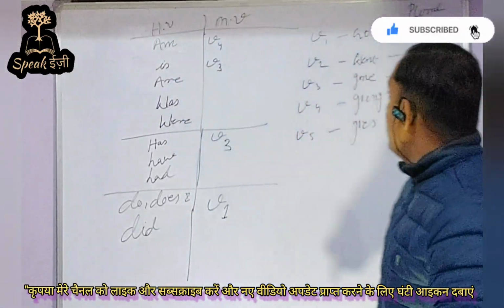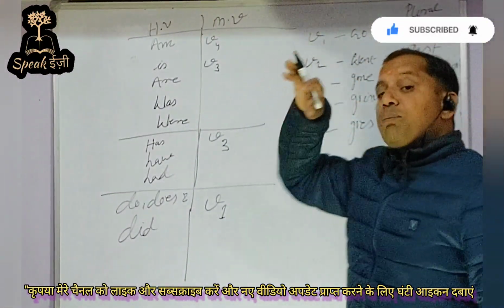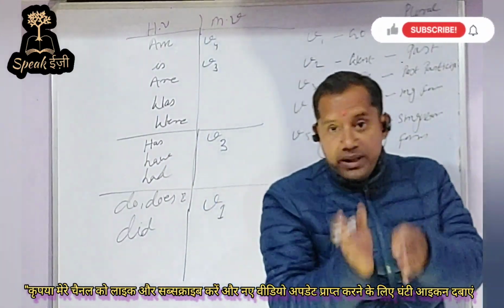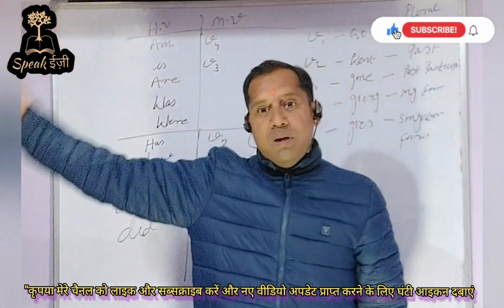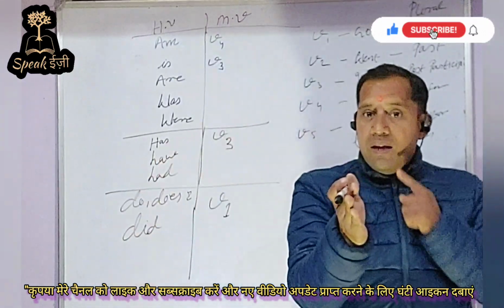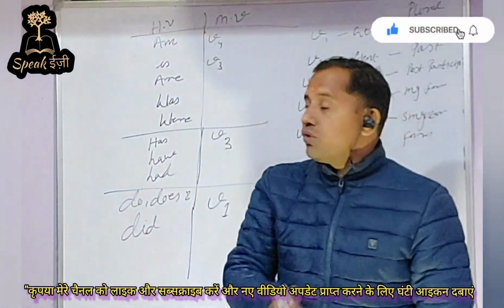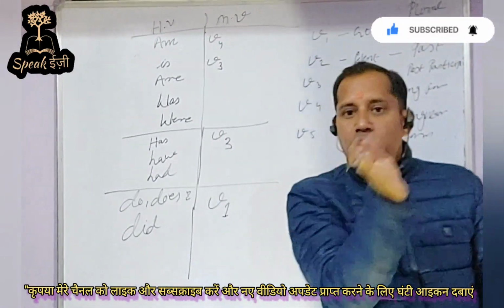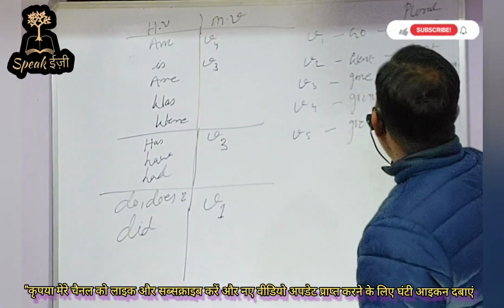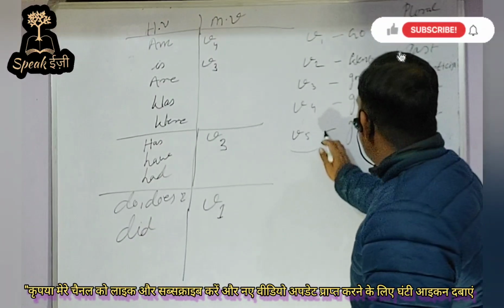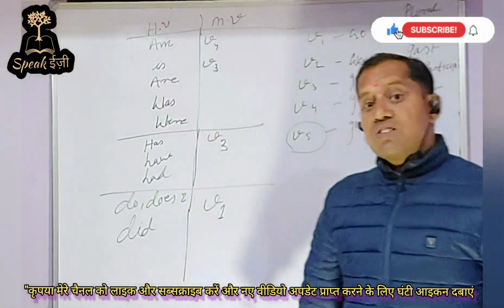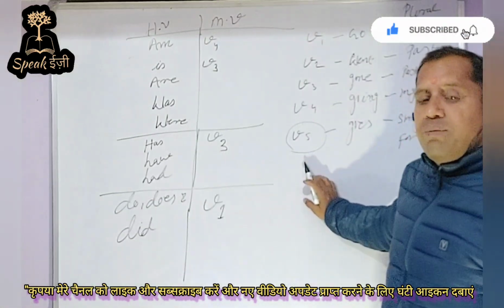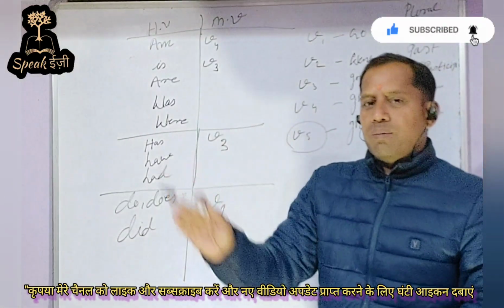It means the first form, or the base form, is the plural form of the verb. Whenever our subjects are plural, we must use the first form of the verb, because the first form is the plural form. When we have any singular subject, we must use this V5, because V5 is known as the singular form of the verb.